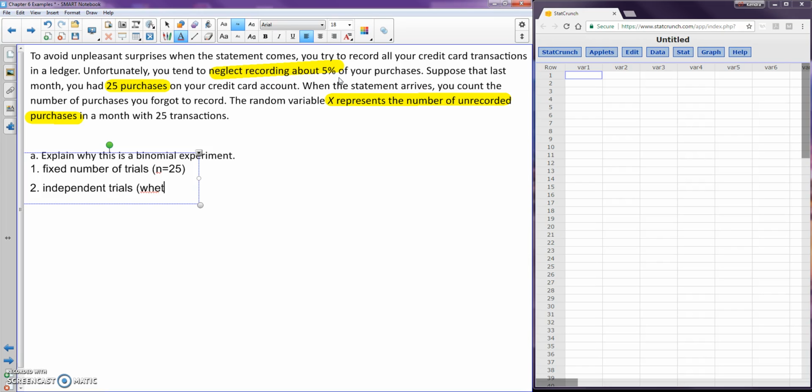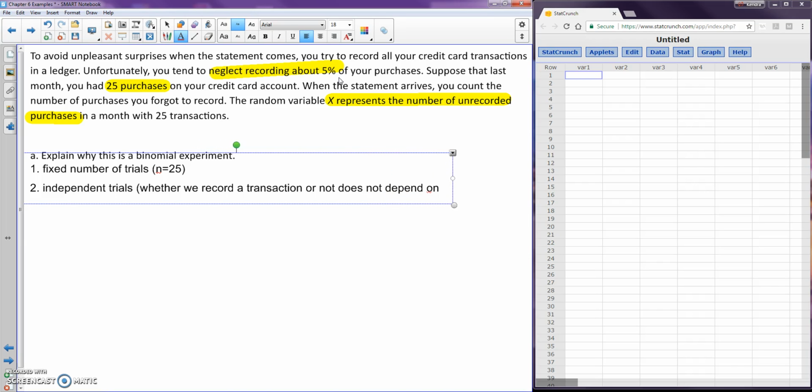In this case, whether we record a transaction or not does not depend on recording another transaction.